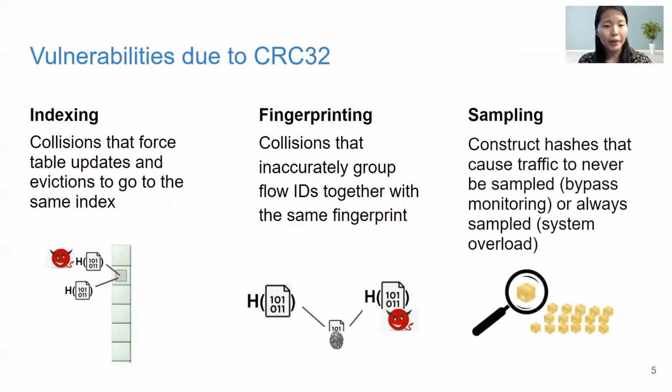In a sampling scenario, an adversary can construct hashes such that some traffic is never sampled, thereby bypassing monitoring, or always sampled, causing a system overload. Given the heavy reliance of many applications on hashing in order to accurately measure, collect, sample, store, and divide network traffic, it's important for the hashing building blocks to be secure and not easily tampered with.